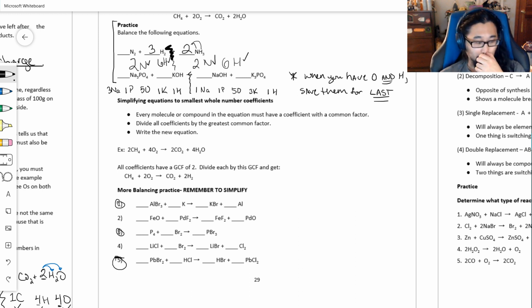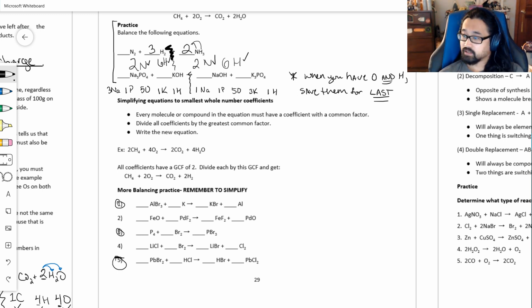You can ignore them until everything else is done, and then go back and look at them. The reason I say that is because a lot of times oxygen and hydrogen will work themselves out, because by balancing everything else, you will probably balance oxygen and hydrogen.